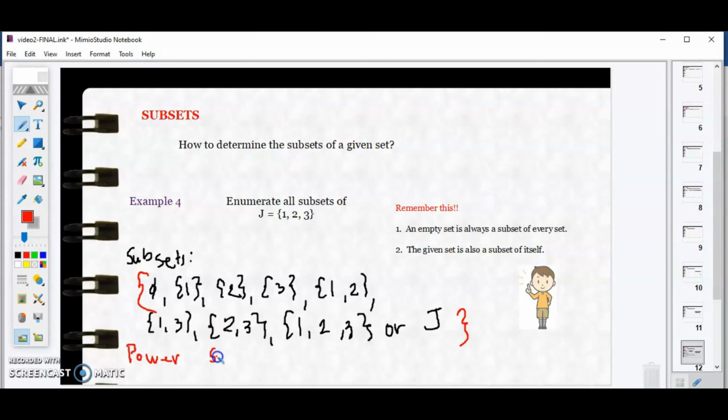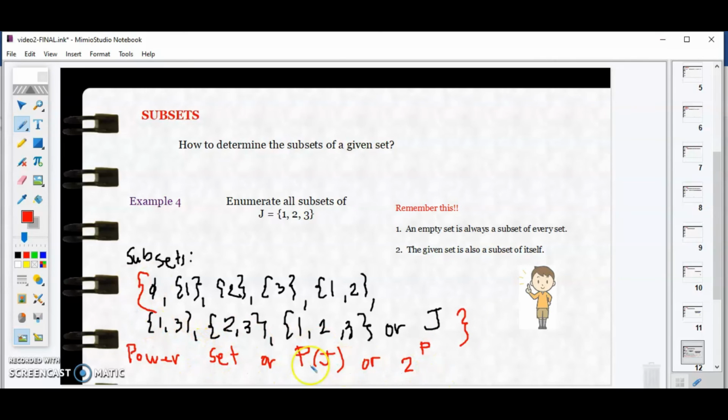Okay? So, ito na ngayon ang power set J. Or we write it in the symbol P, capital letter P, and then the name of the set inside. Pwede ring 2 raised to P, wherein 2 is constant and then P is the name of the set. Okay? Both of these are read as power set of J.